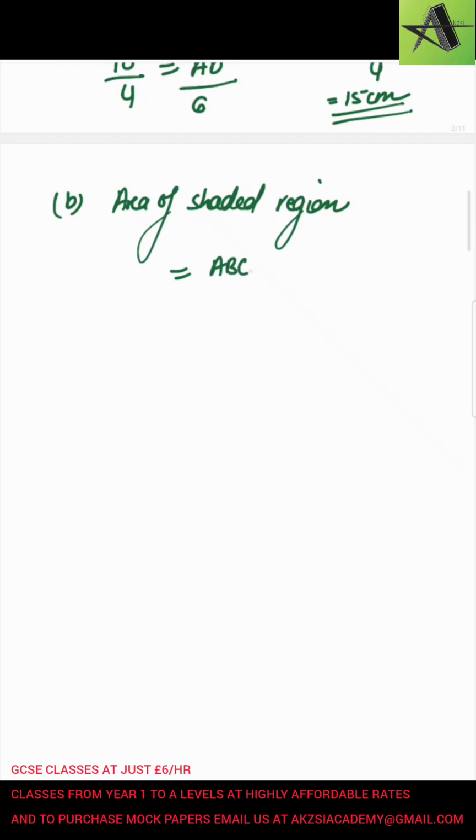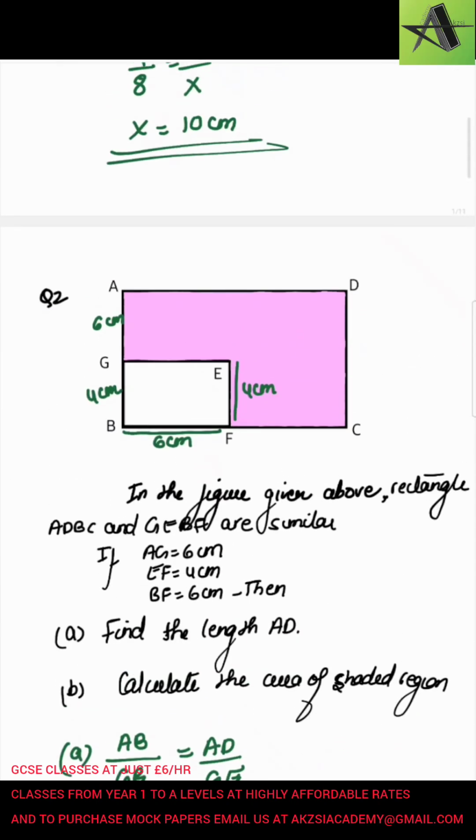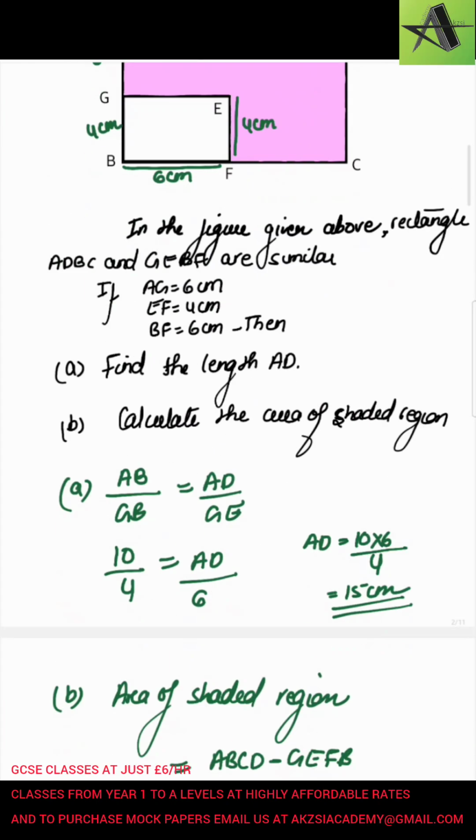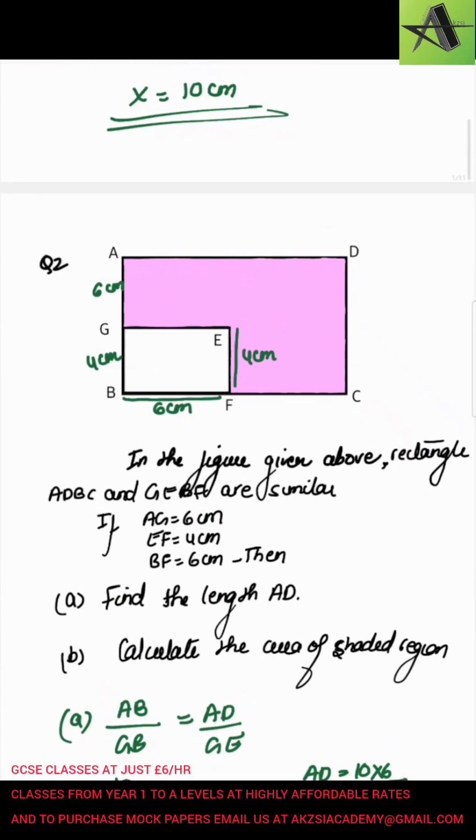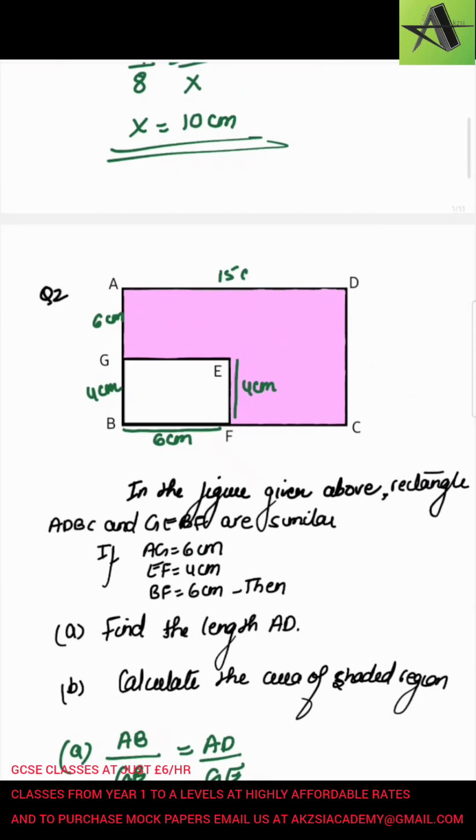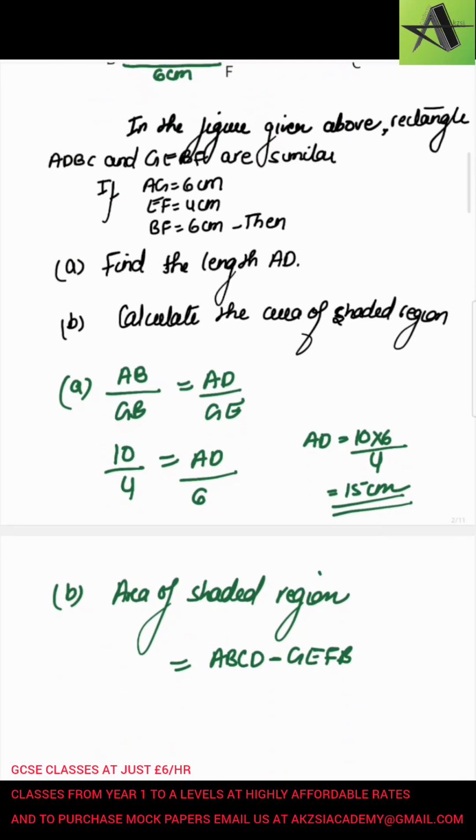So I have to subtract the areas. For ABCD, the length is 15, which we have calculated, and the width is 10.